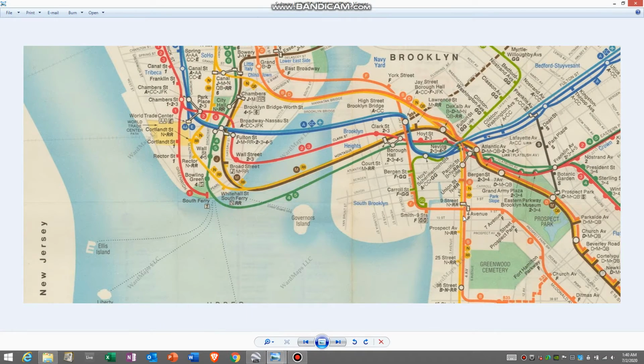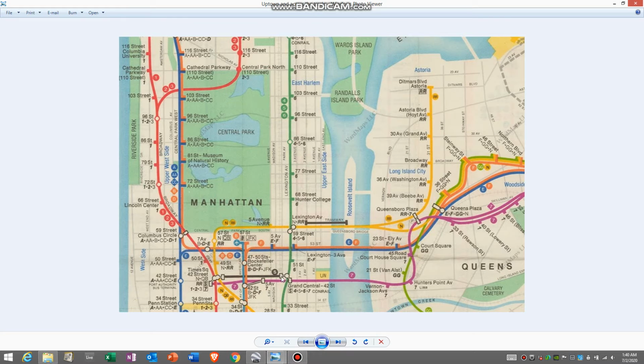The R line goes up, and then it crosses under the East River, and it crosses right at the 74-degree longitude line, which, if you've seen my videos, you'll know that I've talked about that line before. There's a 74 in the water in the image, and this subway line runs directly underneath it. From there it goes up, and as it approaches Central Park, it then curves to the east.